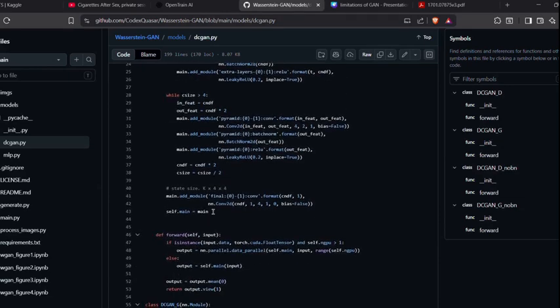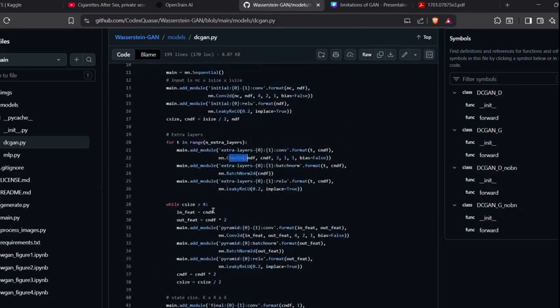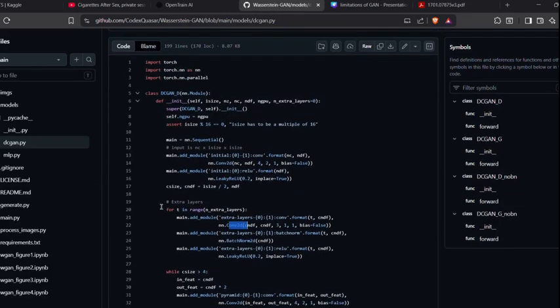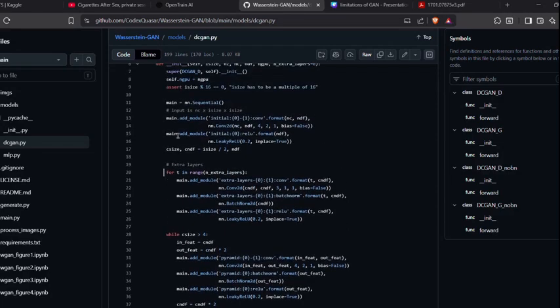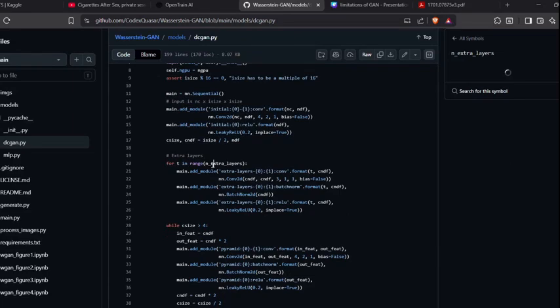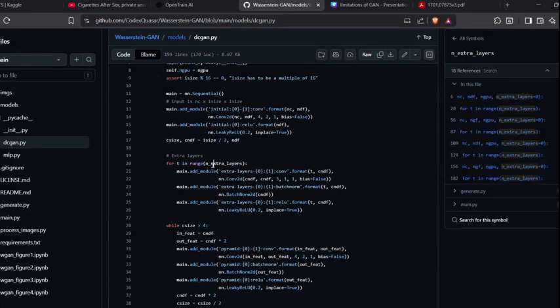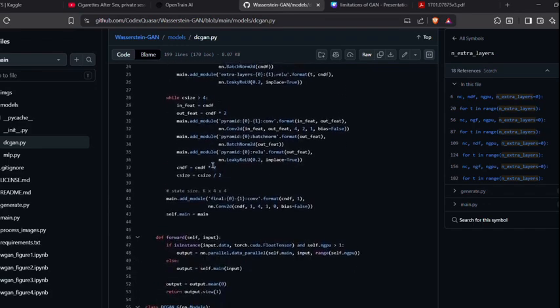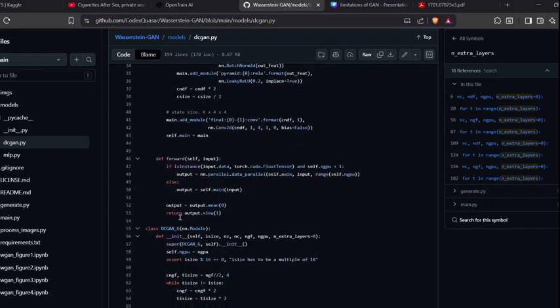This code is a basic convolutional layer, which will be deployed for the number of extra layers that will be inputted from the command line by the user. So that is a basic one.